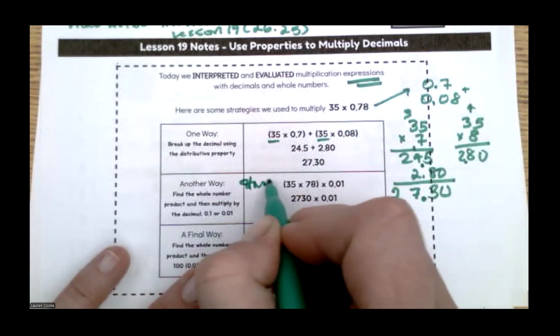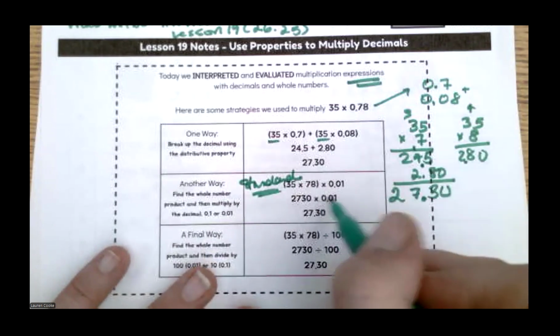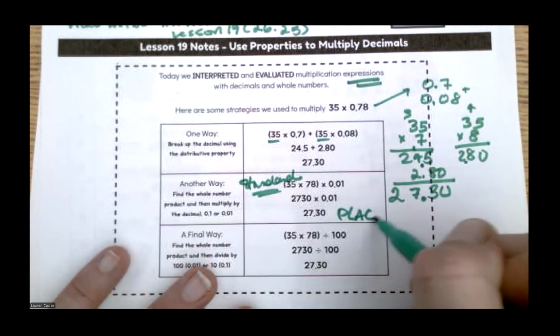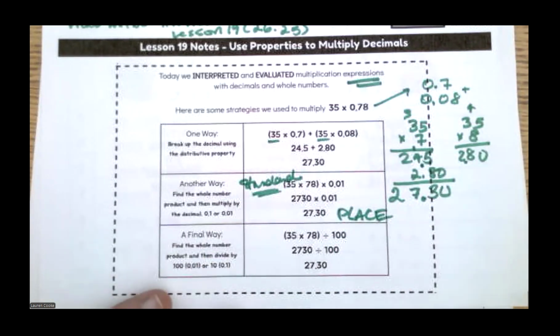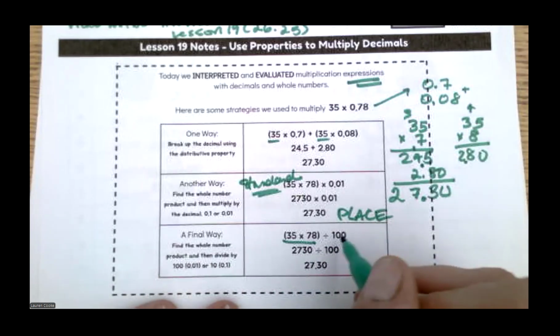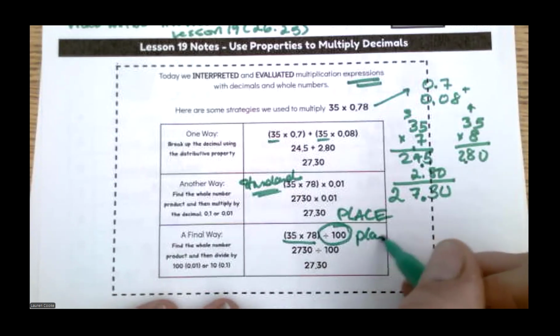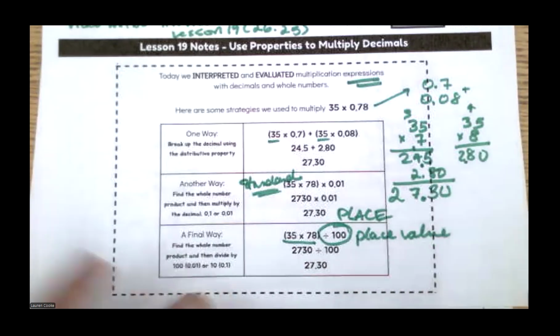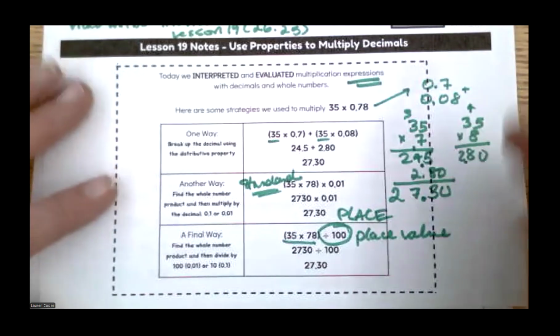We would use the standard algorithm for this, and then we would place the decimal point later, which is helpful because it is called place value. Same thing, we could find the whole number product and then divide by the place value, which means moving the number on the place value chart. Okay. All right.